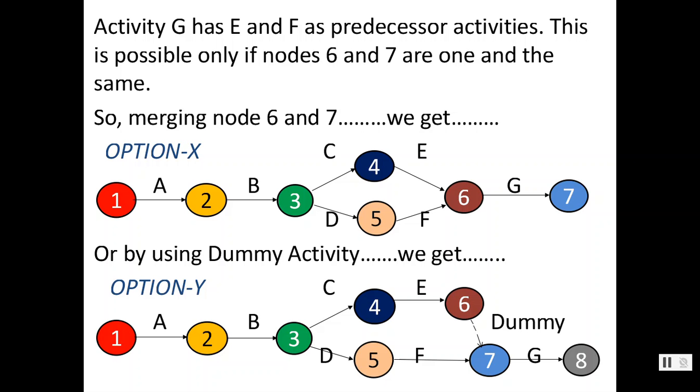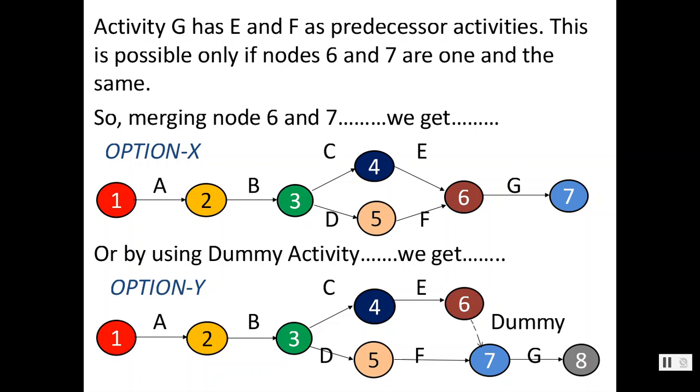Option Y. 1, 2, 3, 4, 3, 5, 4, 6, 5, 7 and 8. Here as G is the common successor of E and F, or E and F are immediate predecessors of G, what can we do? We can let 6 and 7 be joined by one dummy activity, 6, 7. Dummy has no meaning.